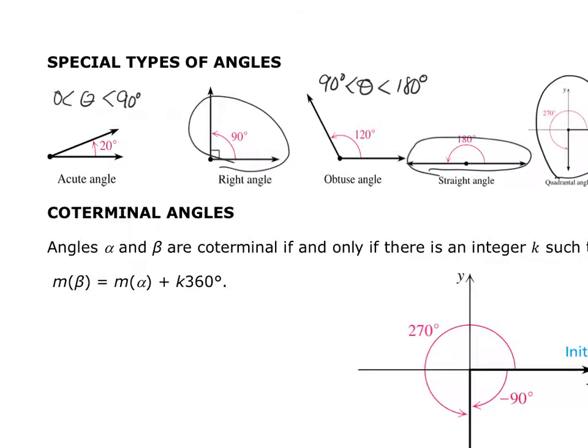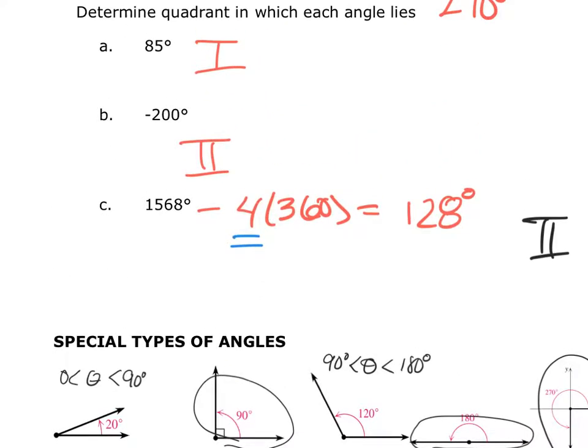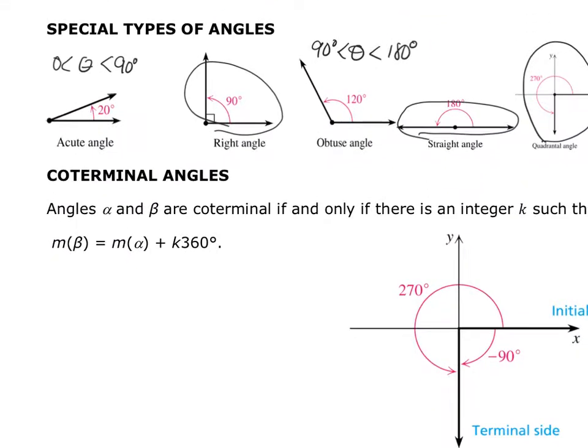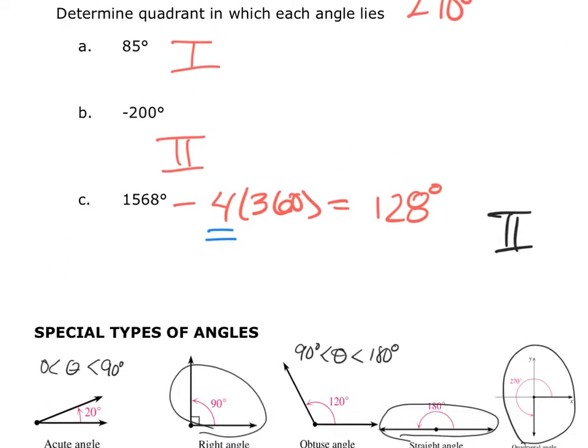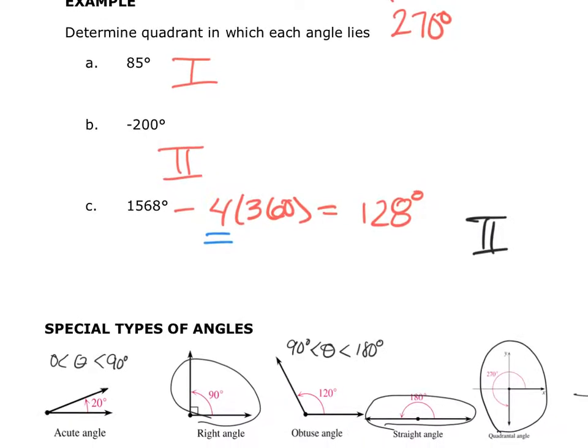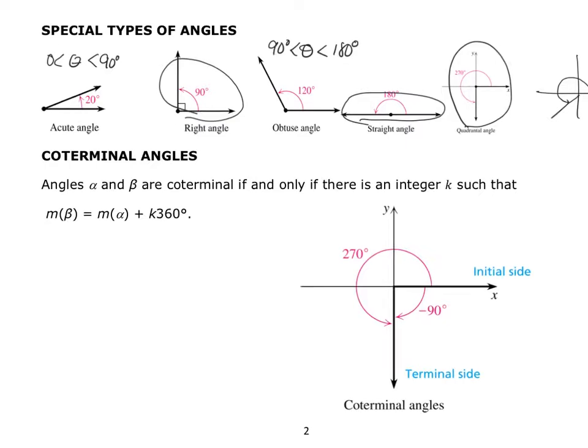So on my previous example up here, where we were pulling off multiples of 360, those two angles, the 1568 and the 128, are something called coterminal angles. Here's how we define coterminal angles. Two angles are coterminal if their initial side and their terminal side are the same thing.